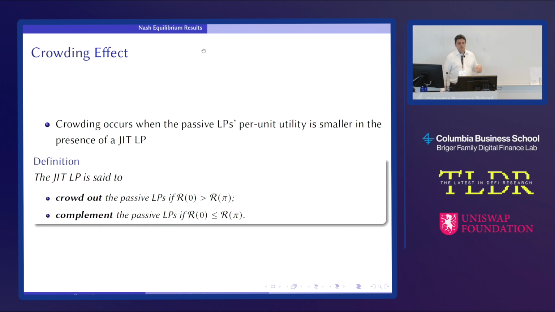Instead, if it's the opposite, which means that the revenue of the passive liquidity providers if there is no just-in-time liquidity provider, which means pi is equal to 0, is smaller or equal than the revenue of the passive provider when there are just-in-time providers, then we are in a complementing situation. That means that the active liquidity providers, the just-in-time providers, are actually leading to higher revenue also for the passive liquidity providers. Which of the two regimes arises will depend on some market conditions.